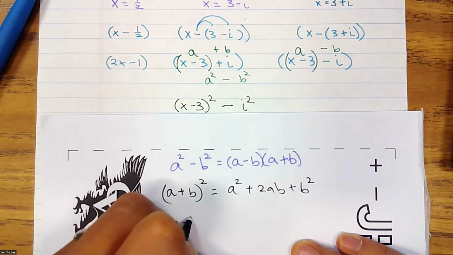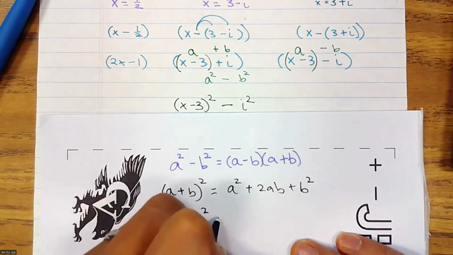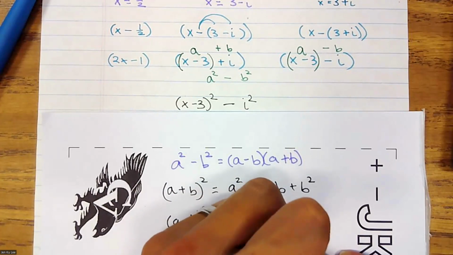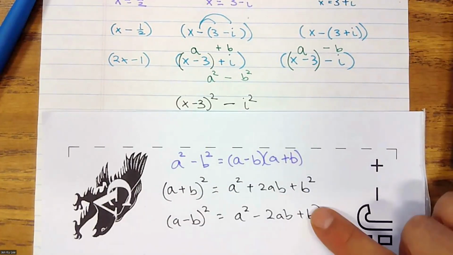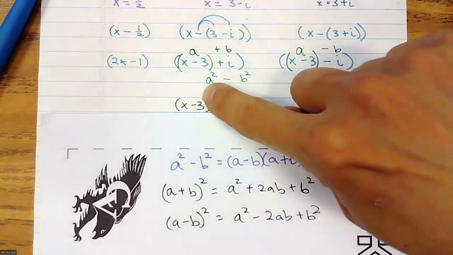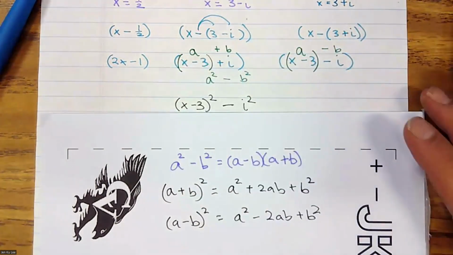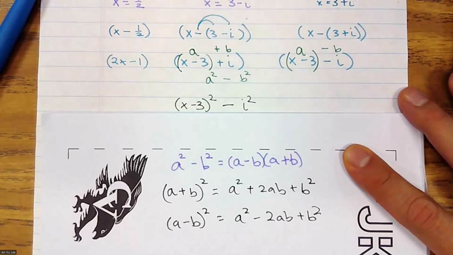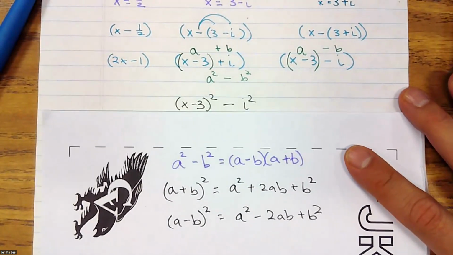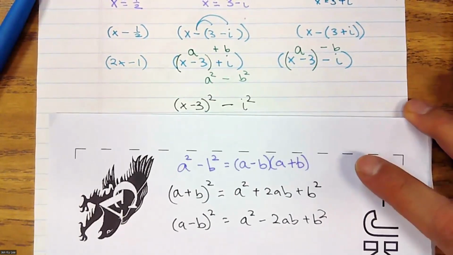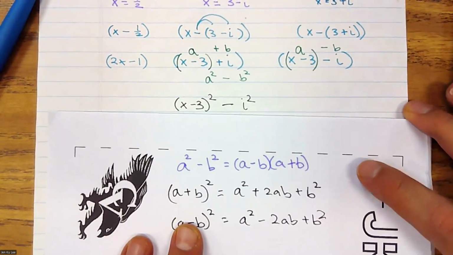Or a minus b quantity squared breaks out to be a squared minus 2ab plus b squared. You can use any one of these to multiply that out. If not, you could just go x minus 3 times x minus 3 and just FOIL. I'm going to use these special forms because it's quicker.